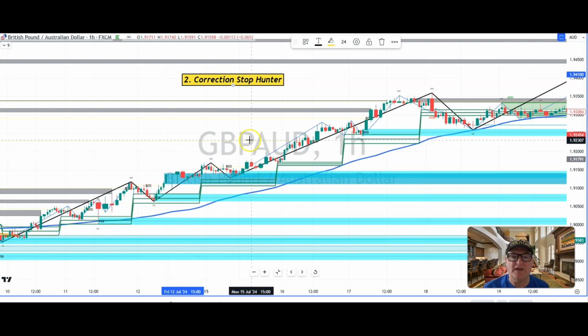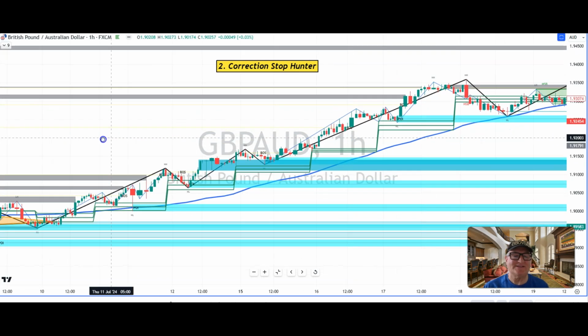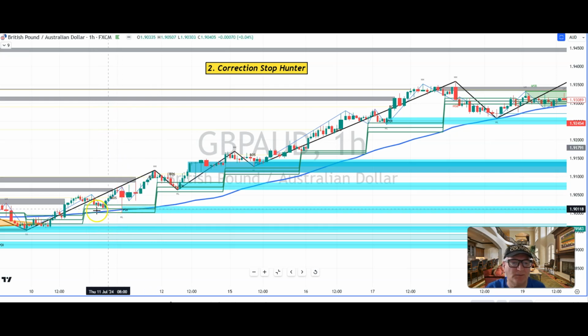So what we're looking for in this situation is a correction, or what we call confluence or convergence, where the price is hitting a number of events at the same time, called convergence. So we have these automatic support areas here, as you can see.